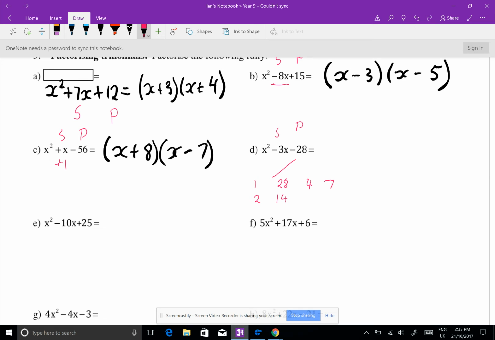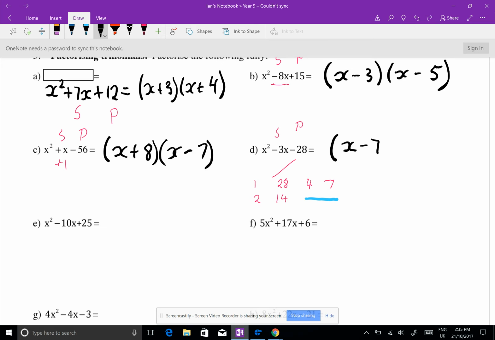If this answer is going to have an integer factor, which they all do in this test, then it has to be one of those combinations. And I can quickly see that 4 and 7 are going to be my solutions. So the bigger one has to be negative. So x minus 7, why does that have to be?